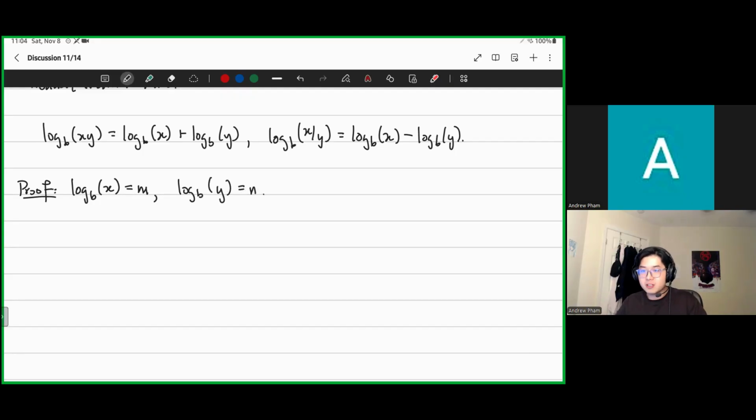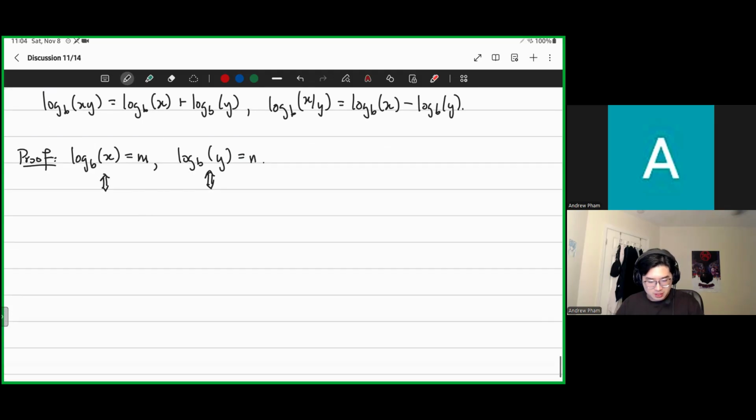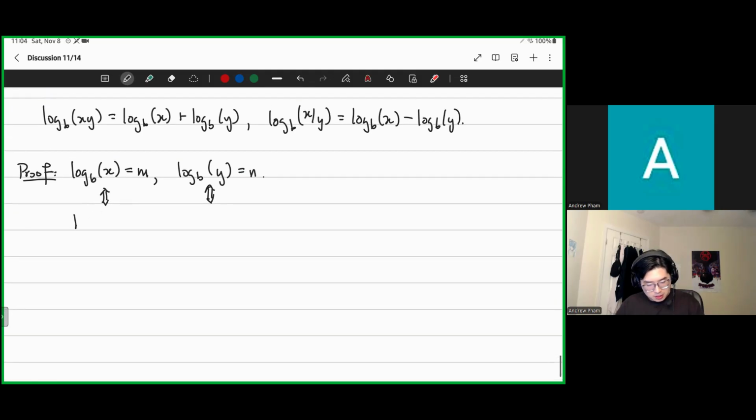Okay, so I'm just giving these logarithms names. But by the premier example, right? I can switch from logarithm form to exponential form. This is the same thing as saying b to the m is equal to x, or b to the n is equal to y. That's by the premier example.